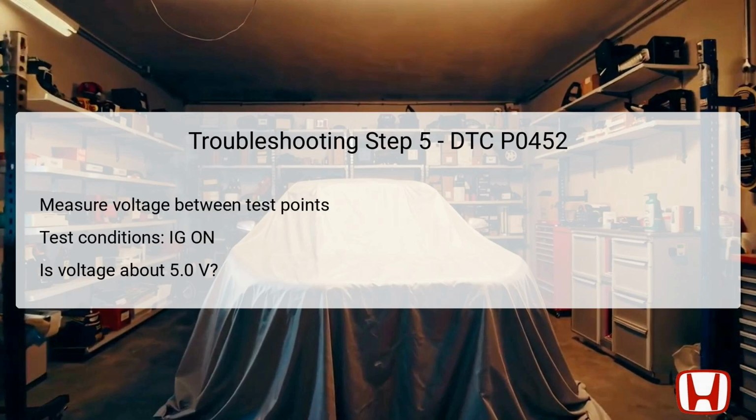Step 5 focuses on measuring the voltage between the specified test points. Here, ensure the ignition is in the on position to power the FTP sensor 3P connector. Measure the voltage at the FTP sensor to determine if it is around the nominal value of 5.0 volts. This reading verifies whether the sensor is receiving proper power supply.